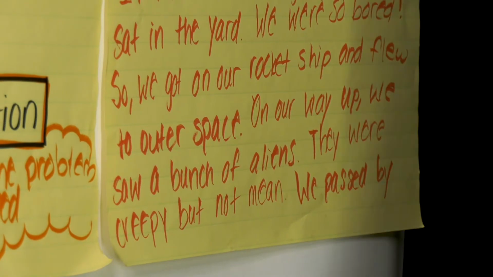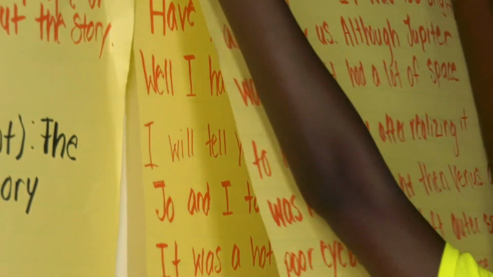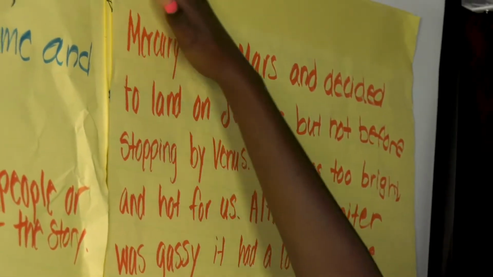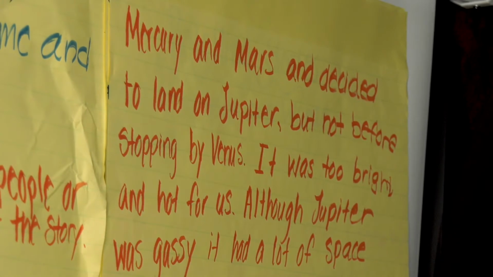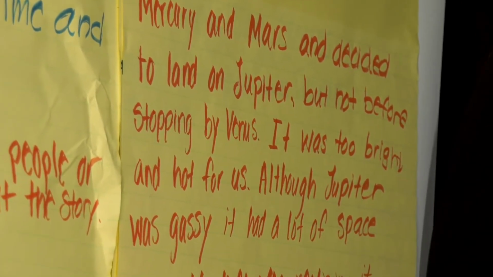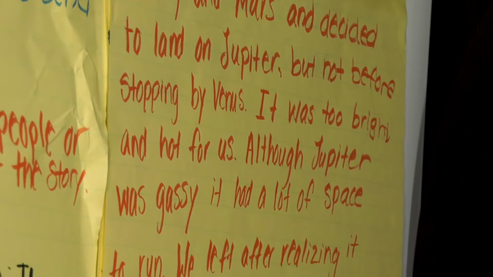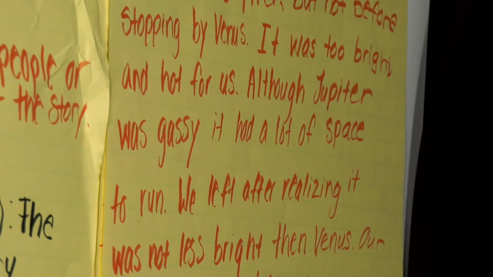We passed by, I have the second part here, Mercury and Mars, and decided to land on Jupiter, but not before stopping by Venus. It was too bright and hot for us. Although Jupiter was gassy, it had a lot of space to run around.